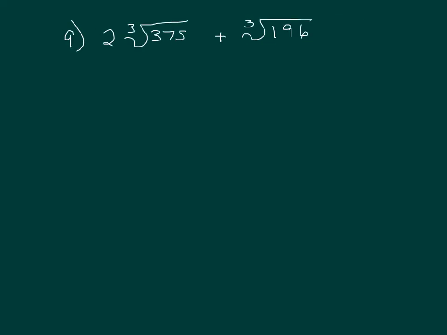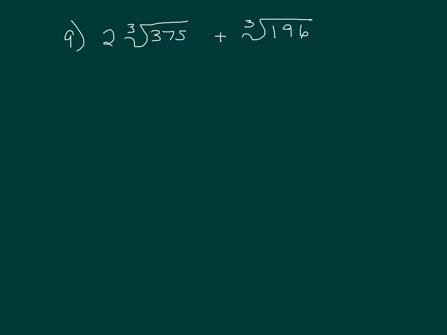Here you have 2 times the cube root of 375 plus the cube root of 196. 375 is not a perfect cube, and 196 is not a perfect cube. So you put that the expression cannot be simplified. But that's not true. What we have to do is to see if there is a perfect cube factor of 375, same for the 196.